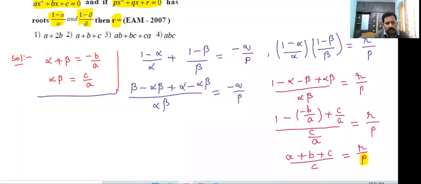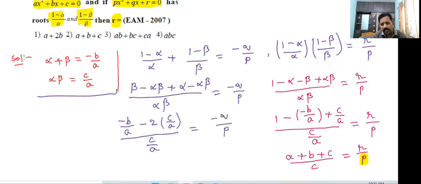Okay. Now in the numerator, alpha plus beta is minus b by a, minus 2 alpha beta. Alpha beta value is c by a, divided by c by a, that is equal to minus q by p.